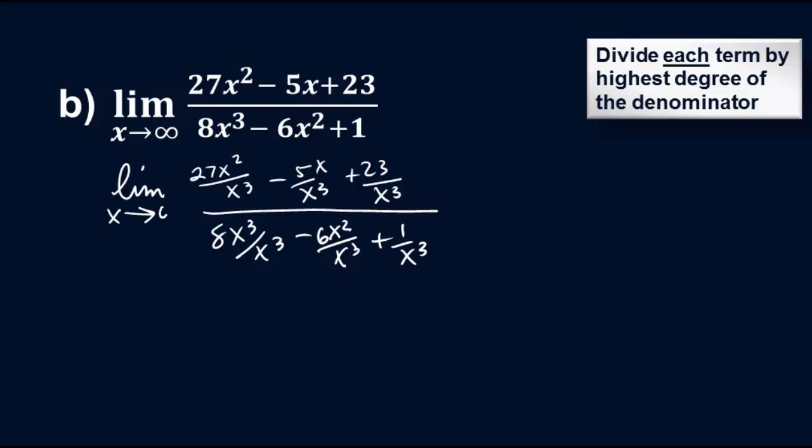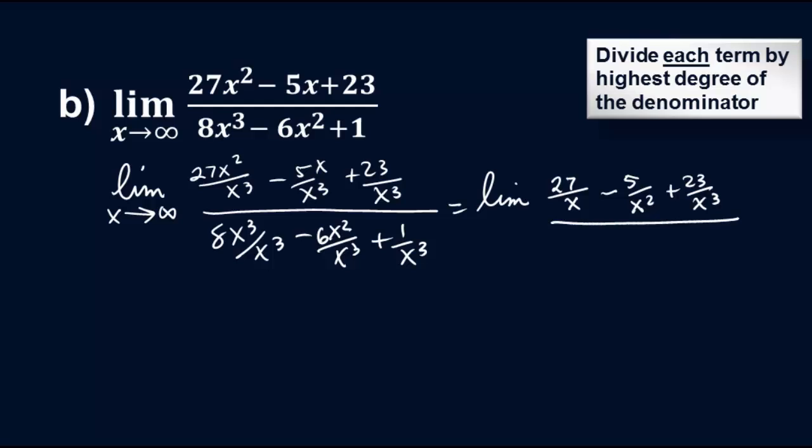Take the limit as x approaches infinity. So let's simplify. That's equal to the limit of 27 over x minus 5 over x squared, and we leave that alone, divided by, that becomes 8 because this knocks out, and minus 6 over x plus 1 over x cubed.